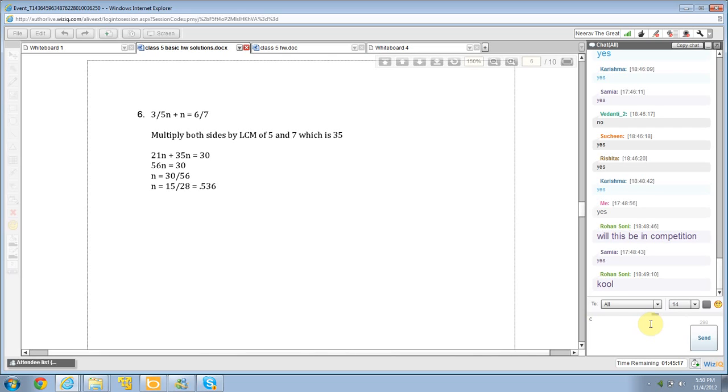Here's what they do. So here's where LCM comes in. Multiply both sides by the LCM of 5 and 7. The reason you do that, let's rewrite it so it's easier to look at, is because you want to make sure you get both the 5 and the 7 out of the denominator. And the only way to do that is if you multiply by a number that is a multiple of both 5 and 7.